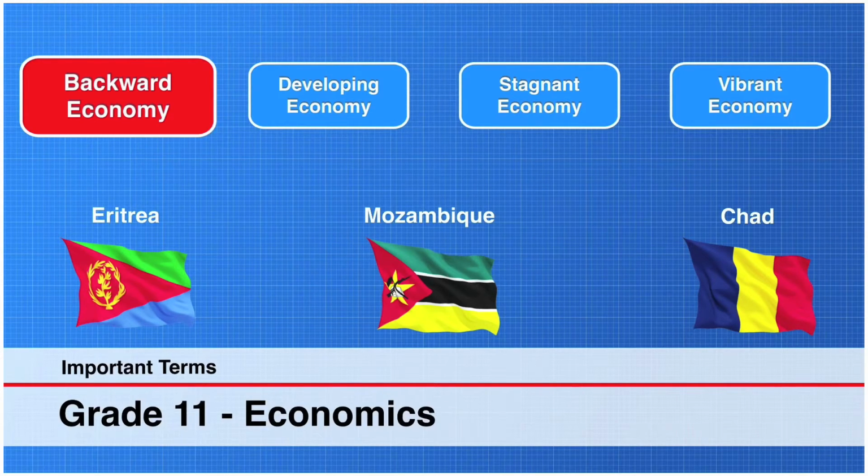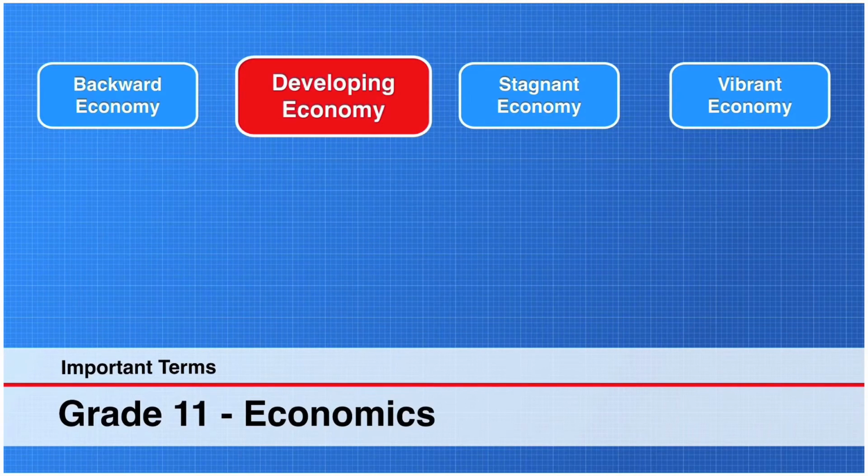Now that we understand what that is, let's take a look at a developing economy. A developing economy is kind of like a backward economy in terms of the quality of life for the majority of its citizens. However, there's a key difference here. There are clear signs that we are starting to move away from subsistence standards of living, and people are able to earn slightly higher levels of income, and there is a growth of manufacturing and other forms of development other than those in the agricultural sector.